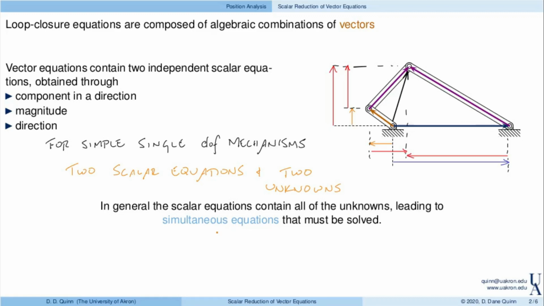In general, the scalar equations contain all of the unknowns, leading to a big set of simultaneous equations that must be solved. Right? So, fine. But the problem is that this is complicated. If you remember from your algebra class, when we have simultaneous equations, we have maybe two equations, and each equation has unknowns, and we have to go through and eliminate and solve.